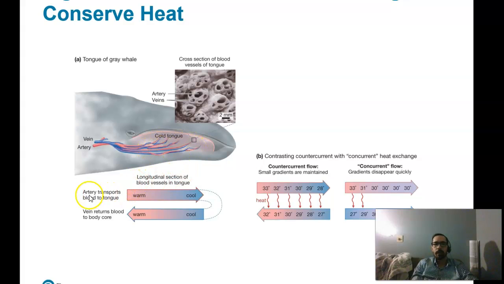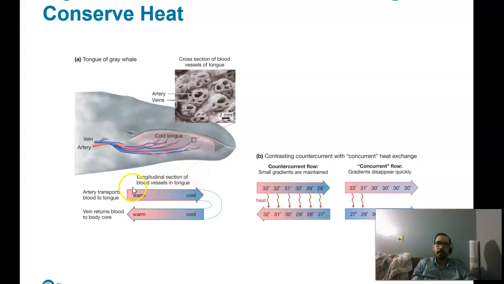So the arteries are carrying the blood from the heart to the rest of the body, so it's coming in warm. And then the veins are returning that deoxygenated blood back to the heart. Okay, but it would be a lot cooler at the end of the body.